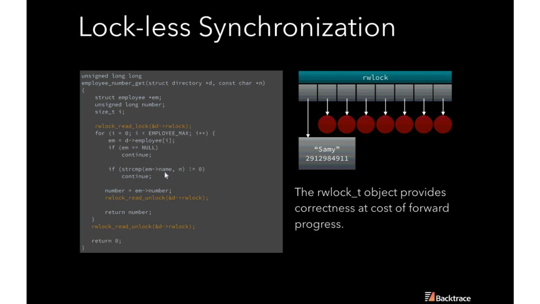If the pointed-to object's name matches the name that we requested, then we will go ahead and copy the number, unlock the lock, and return the number. Fairly simple here. However, an important thing to note is the correctness guarantees here do come at the cost of forward progress. When the read lock is held, no writes can occur.